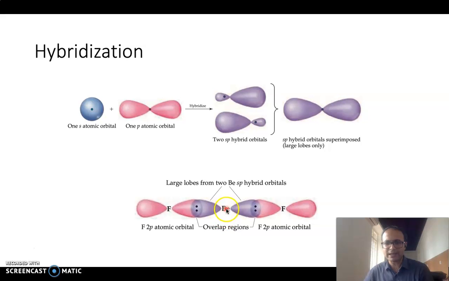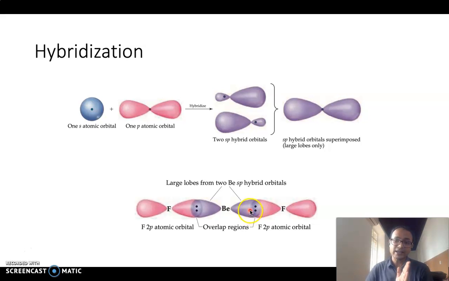So now beryllium is actually composed of two hybrid orbitals, which are basically the two sp hybrid orbitals of the beryllium atom. Each hybrid orbital contains a single electron, and the fluorine will interact with its 2p orbital. So the singly filled electrons will pair up, leading to the formation of chemical bonding.